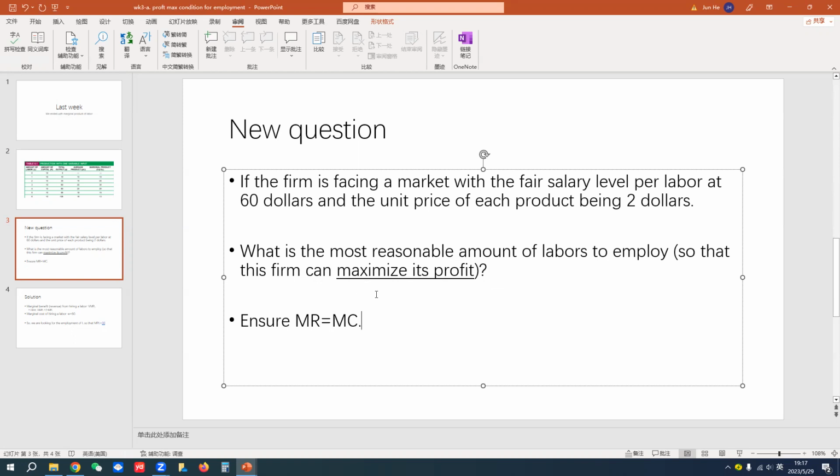All right. So here, the question is, what is your decision? In this problem, your decision is on how many laborers to hire, to employ, right? And then what is the marginal revenue from hiring each labor?